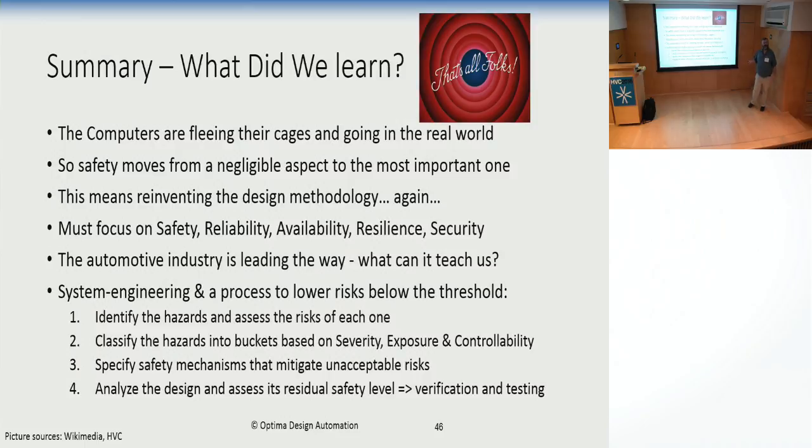Automotive industry has positioned itself as the leader in this because they've started earlier before many of the others, like drones or medicals and so on. And system engineering and the process to lower risks by identifying the hazard, assessing the risks, classifying them into buckets based on these parameters, specifying safety mechanisms that mitigate unacceptable risks and leave only acceptable risks, and then analyzing the design, assessing its residual safety level, and making sure by verification and testing that we are safe enough.